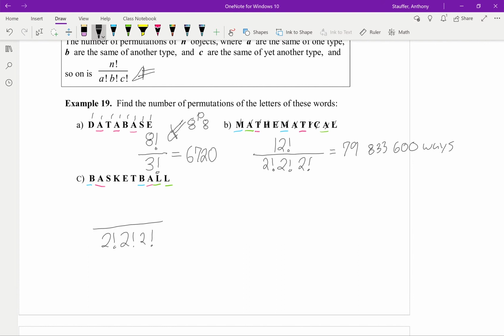So I have 1, 2, 3, 4, 5, 6, 7, 8, 9, 10 letters total. So that'd be 10 factorial all over 2 factorial, 2 factorial, 2 factorial. And that would end up giving me 604,800.